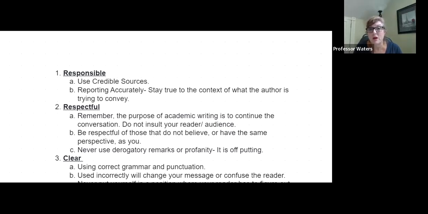If you really think about those people that you've heard speak in the past, those that really resonate with you, you're going to recognize a lot of these concepts. Reporting accurately, stay true to the context of what the author is trying to convey.